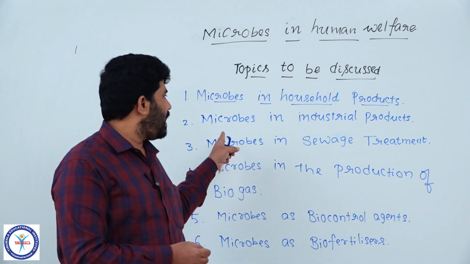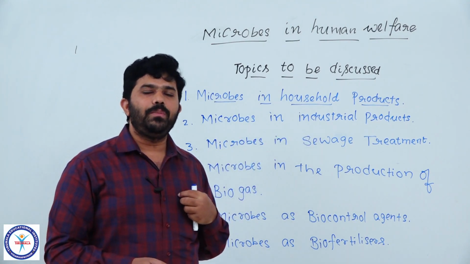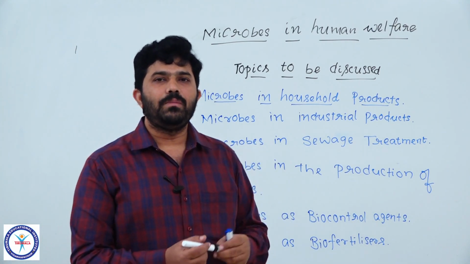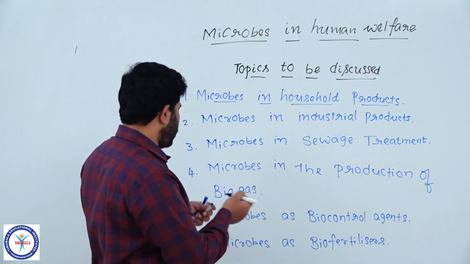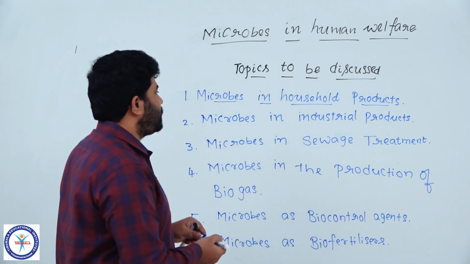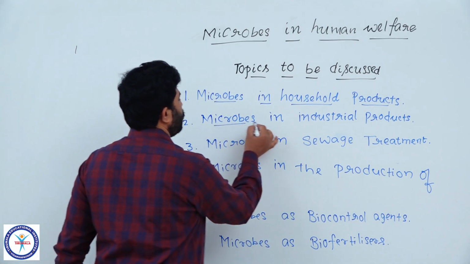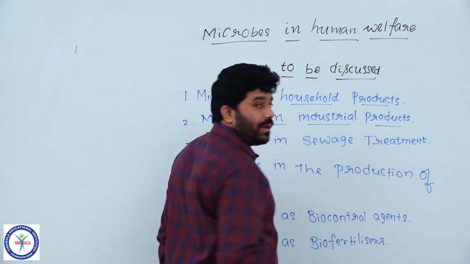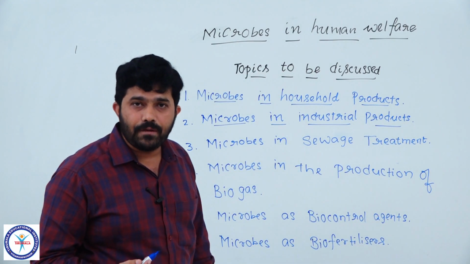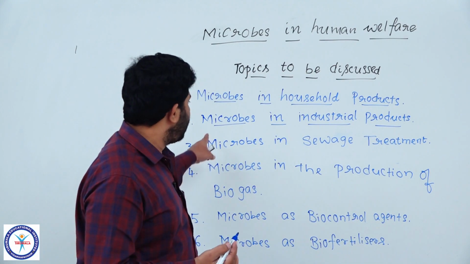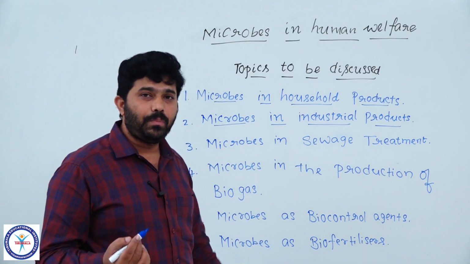Like that, microbes in industrial products. Industrially, we obtain many products. Microbes in industrial products include alcohol.